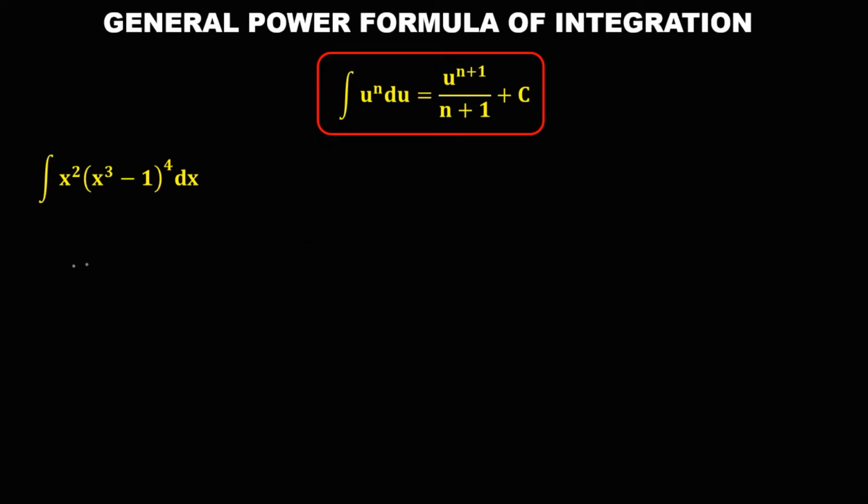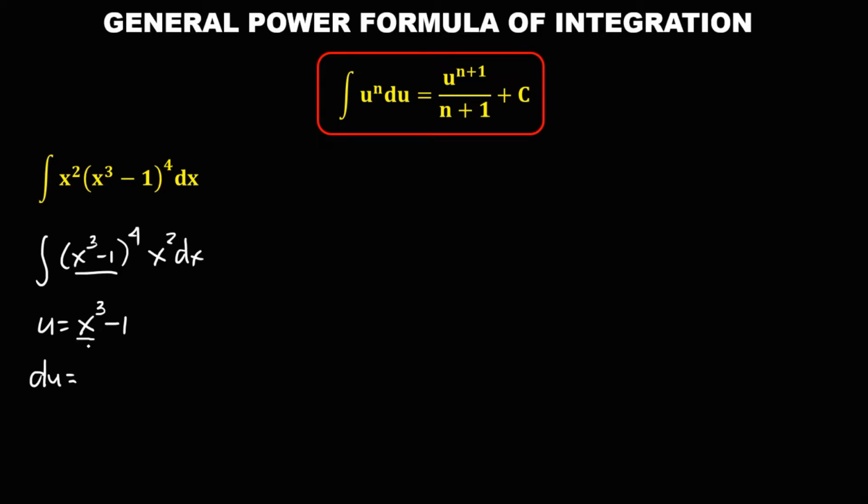Then for this given, again, we can rewrite this given as x to the power 3 minus 1 to the power 4, then x squared times dx. Then from the u substitution, u equals x to the power 3 minus 1 and du, the derivative of u.